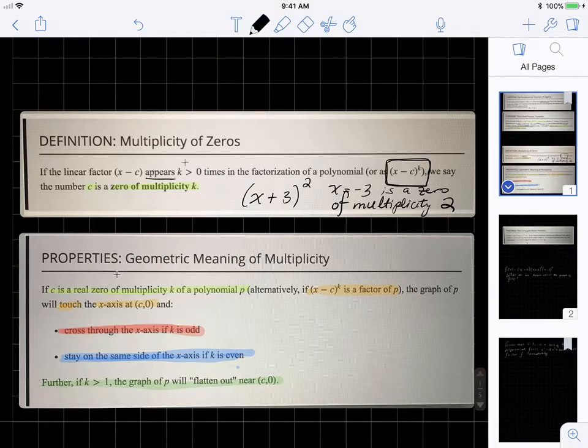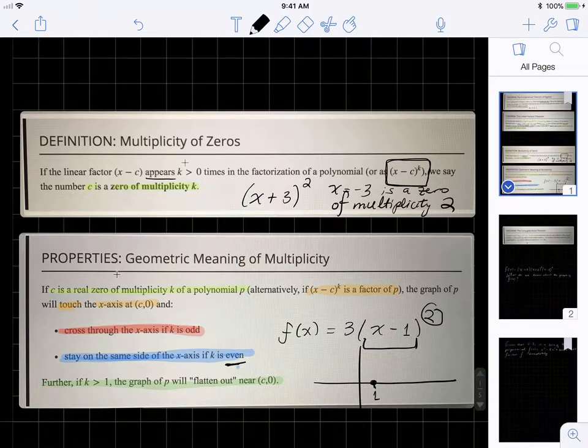So for instance, if we were to look at, let's say, a simple polynomial, let's call it f of x equal to 3 times x minus 1 squared. Now that 3 is just a multiplying factor. It's going to stretch our graph out. It will not have an impact on where the zero is. If you look at that factor right there, it tells us that x equals 1 is our zero. Notice it has multiplicity 2, which is even, and that means that when we graph this polynomial, it's going to do something like this.